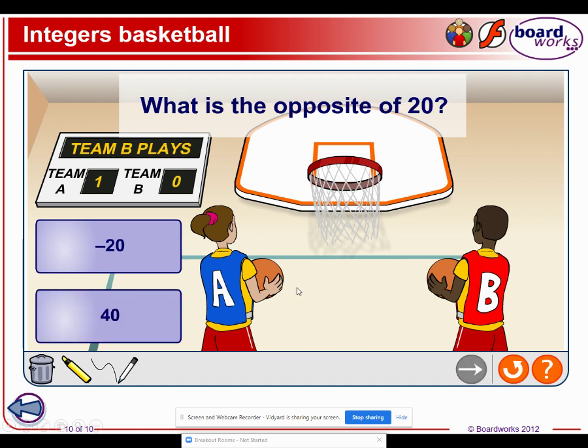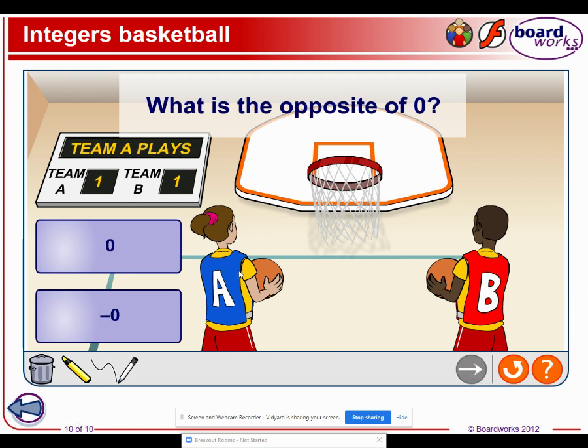Okay, what is the opposite of 20? The opposite of 20 on a number line is negative 20. What is the opposite of 0? So 0 is its own opposite.